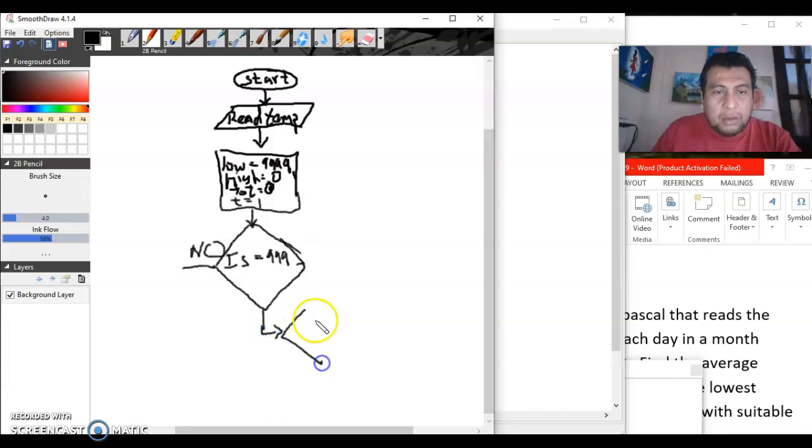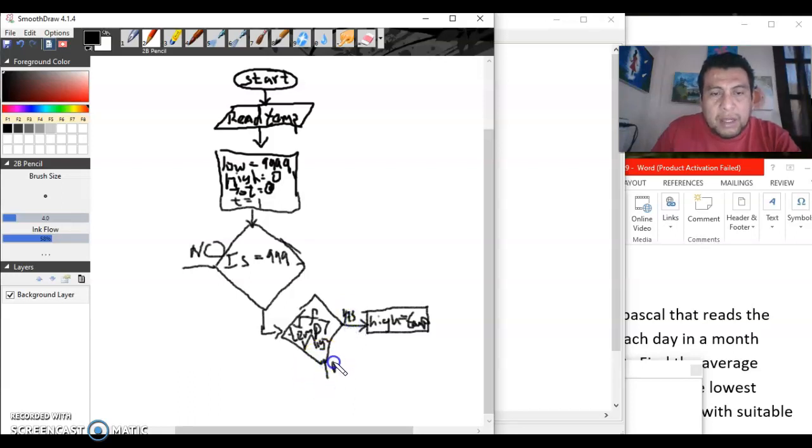What will I do? I will take that temperature that was entered at the beginning and compare it. If that temperature is greater than high, and that is true, then high will be assigned that temperature that was recorded as the highest.